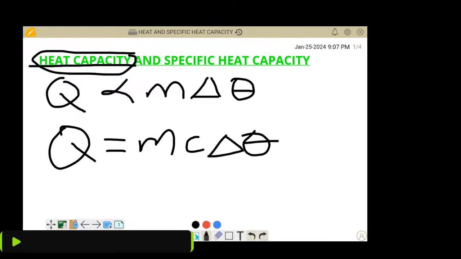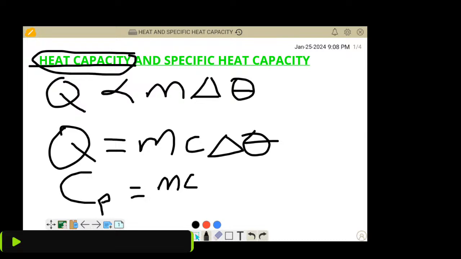Mathematically, heat capacity is represented with a capital letter C, and is equal to the product of the mass of an object and the specific heat capacity of the object.